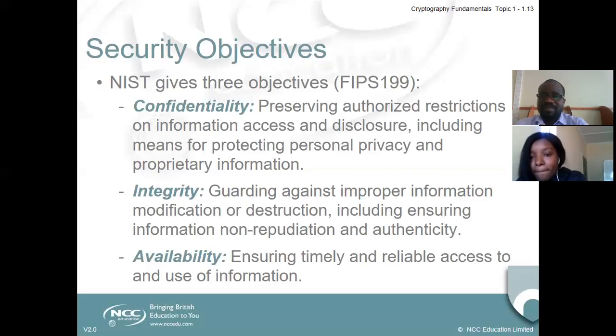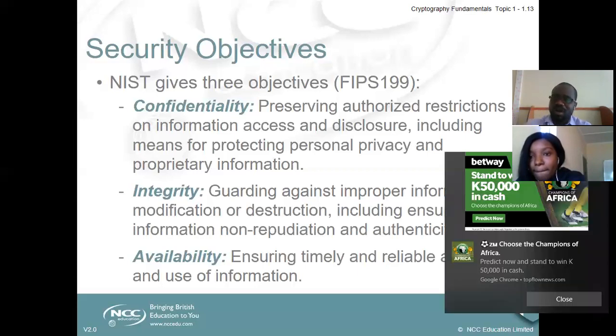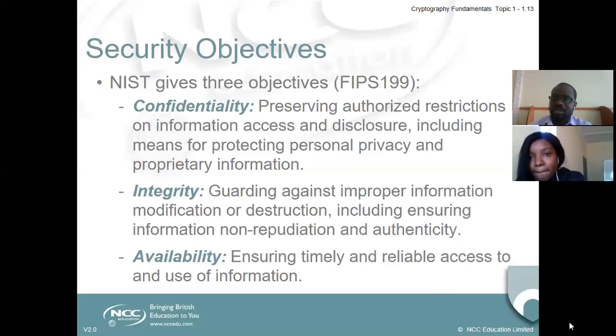Even in banks, it happens. The reason why the CCTV cameras are put on ATMs is for a reason, to avoid repudiation, whereby you do certain things and then you come and refuse that I'm not the one, I'm not responsible for this. Like you go and withdraw money and you go to the bank and say, I've lost so much.